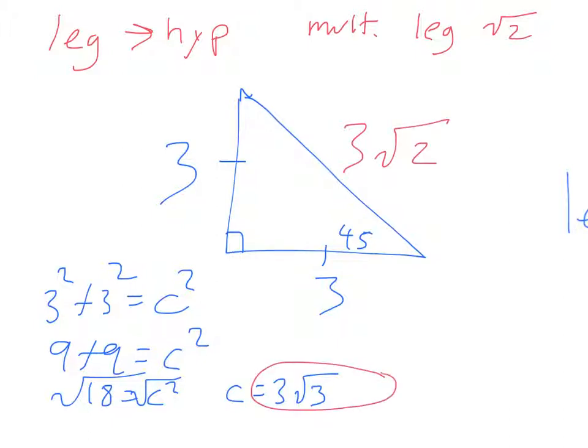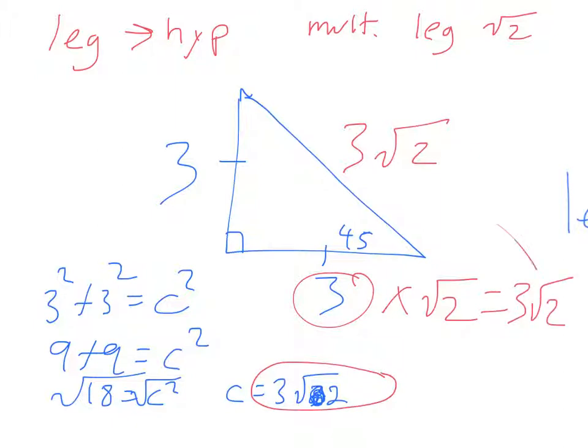Again, we found this, and actually I put 3 radical 3 earlier. I'm getting my notes ready for 30, 60, 90, so sorry about that. It should have been 2. Radical 18 simplified would have been 3 radical 2, which is what we get when we take our leg, 3, and multiply it times radical 2.